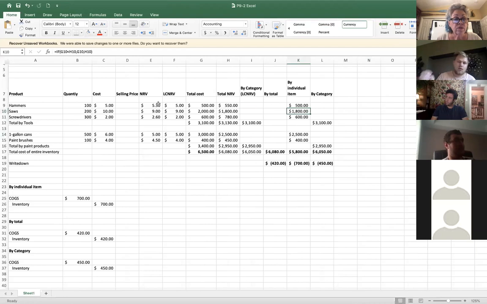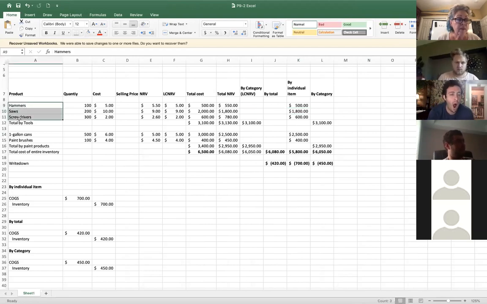Okay, so in my Excel, obviously I divided the 3 and then got a total by category, since we have to calculate it by category. And then I have the 2 products that make up the category of paint products. And then, of course, I did by the total.